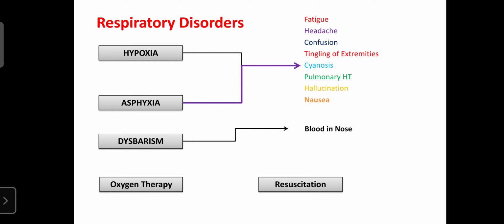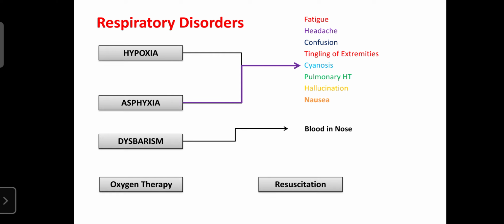Next one is asphyxia. It is a condition of deficiency of oxygen supply to the body that arises from abnormal breathing. Due to abnormal breathing, or any congestion in the respiratory tract, trachea, or lungs, the lungs fail to fulfill the oxygen demand of the organs.